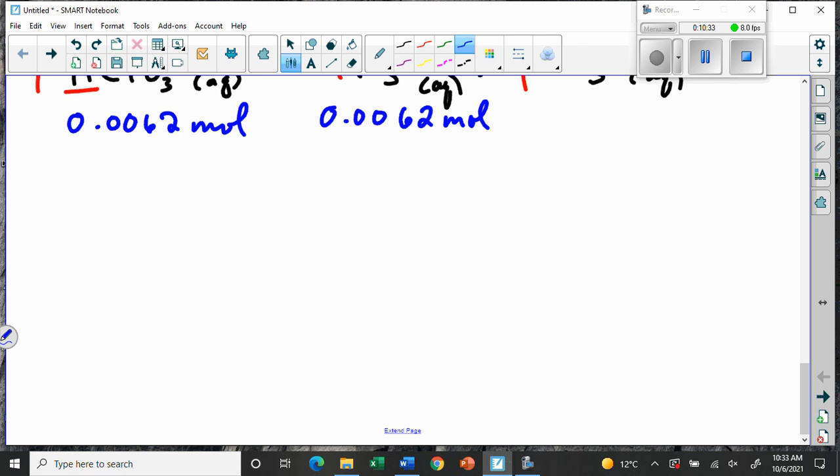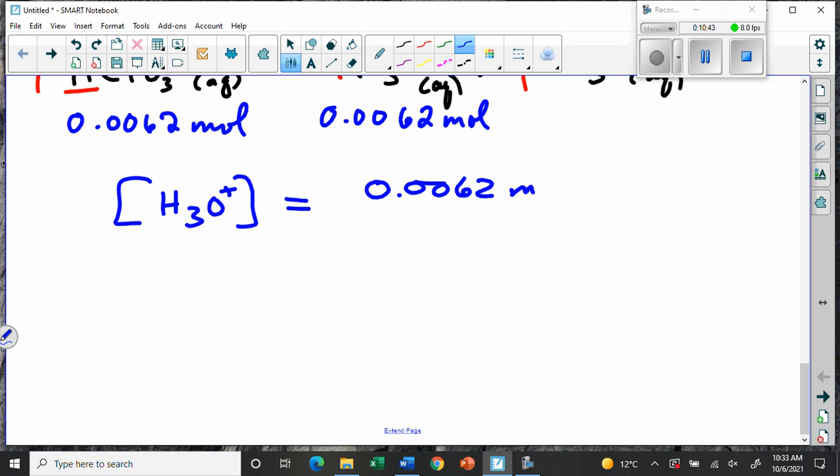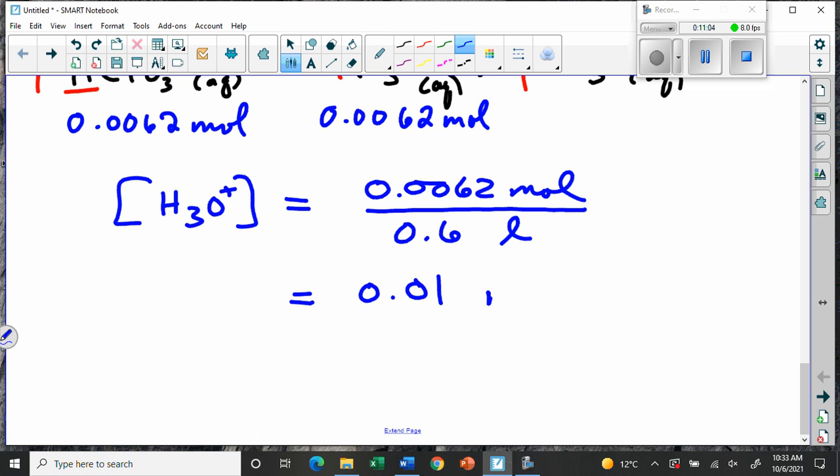So here I have to say, okay, the concentration of my hydronium is 0.0062 moles, but instead of being in 1 liter, it's in 0.6 of a liter. So all I have to do here is a little extra division, right? I have to divide the 0.0062 divided by 0.6, and what that turns into is 0.01 moles per liter, rounded off.